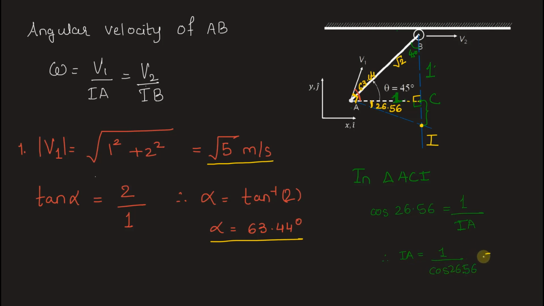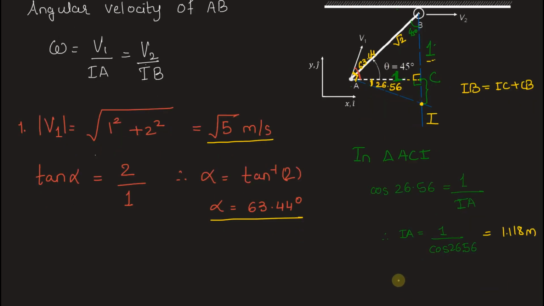This gives us distance IA is 1.118 meters. Similarly, we can also find IB by finding first IC. IB will be equal to IC plus CB. CB is already known to us as 1 meter. We'll have to find IC in the same triangle. It will give us IB equal to 1.4999.